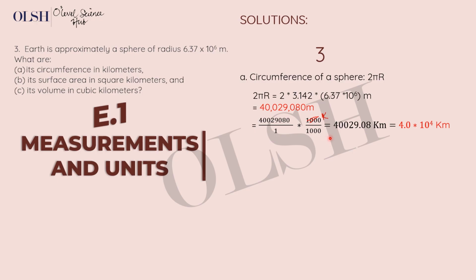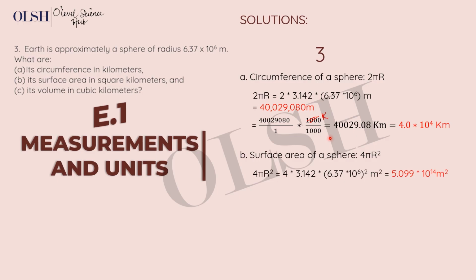The second question we're asked is to find the surface area in square kilometers. The surface area of a sphere is 4 pi r squared. Once again, we're taking this formula because the earth is spherical.